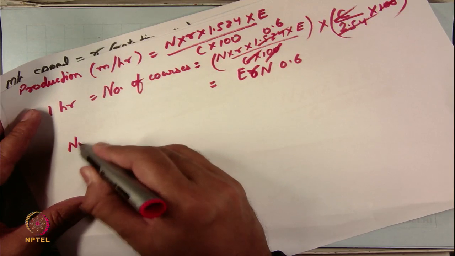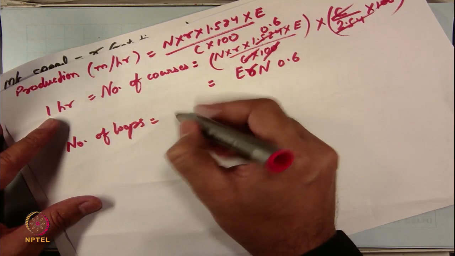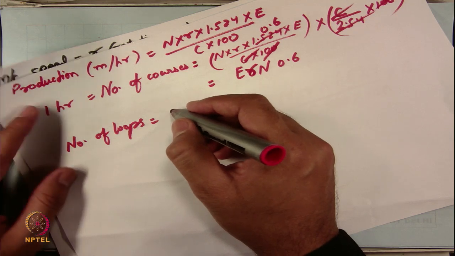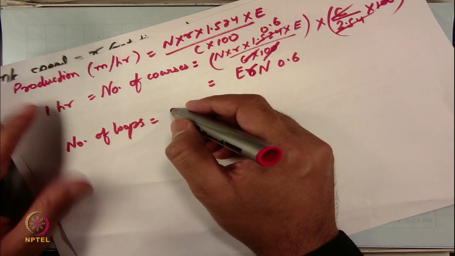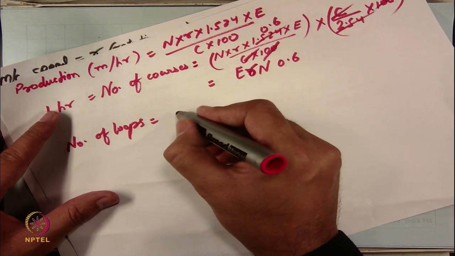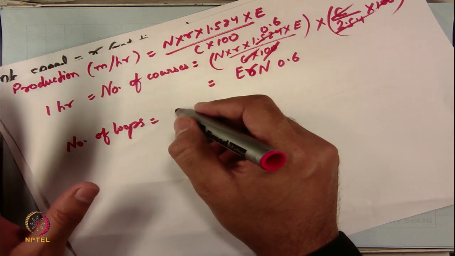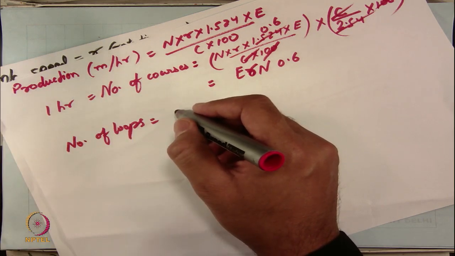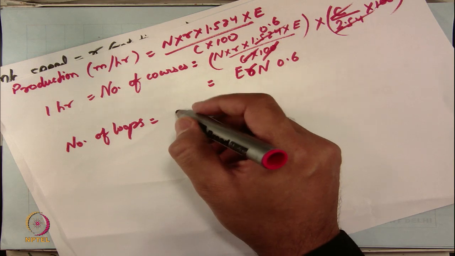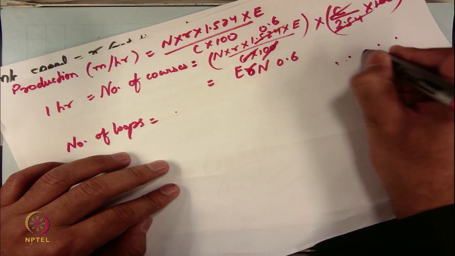So, number of loops you can find out if you know the machine diameter and the machine gauge. Because number of loops in one course will be equal to number of wales, and each wale is made by one needle. So, each needle will be making one wale.